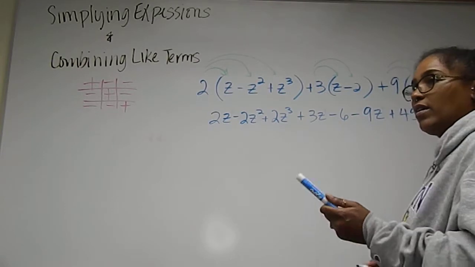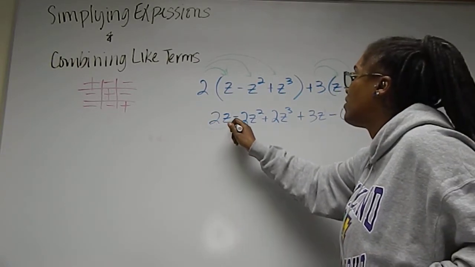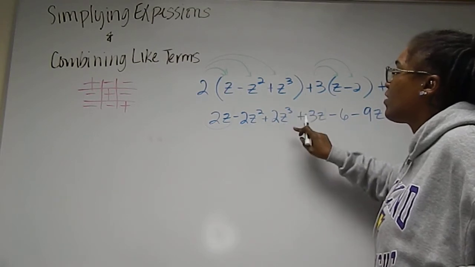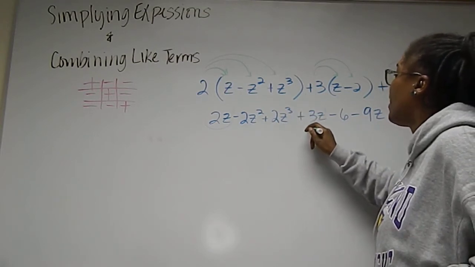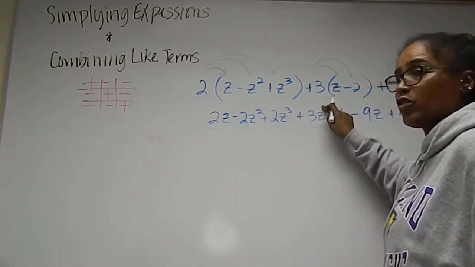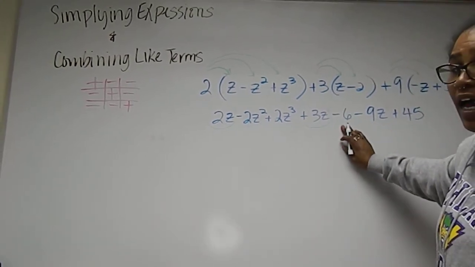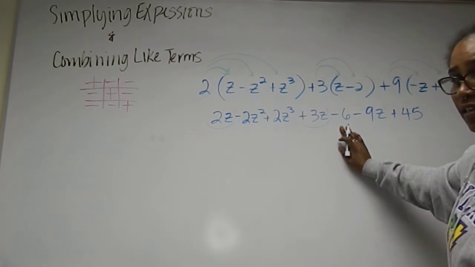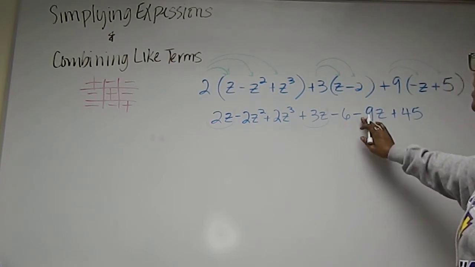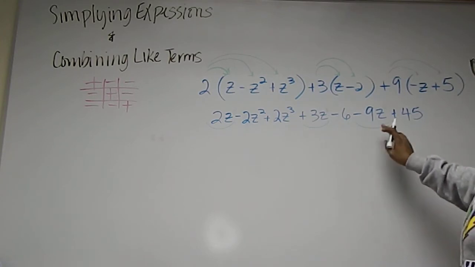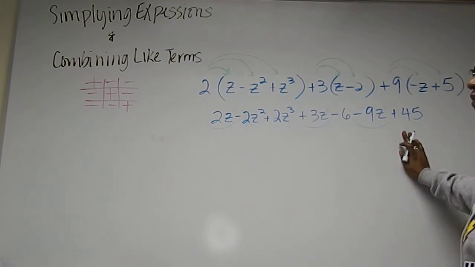So we look and we have 2z to the first power, that one's squared, that one's to the third power. We have a positive 3z to the first power. Then we have some numbers right here, right? Just a constant value because this is just negative 6. And we have a negative 9z to the first power. Then we have another constant value, this positive 45.